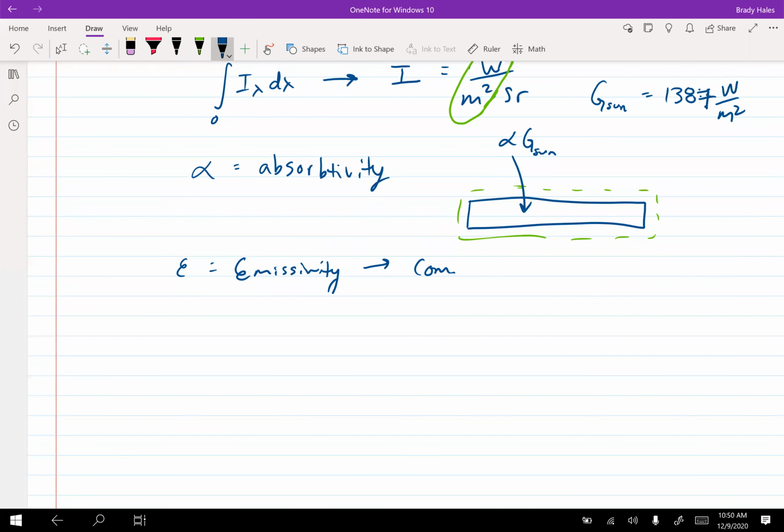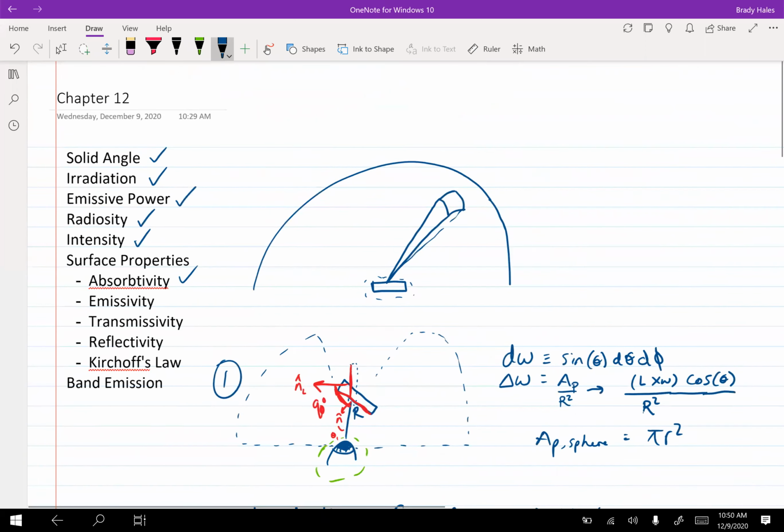So it's a comparison to a black body, right? So if epsilon is equal to 1, then it's 100% a black body, which is good because we have several equations for black bodies, and all we need to do to relate those equations to real surfaces is know an emissivity value.